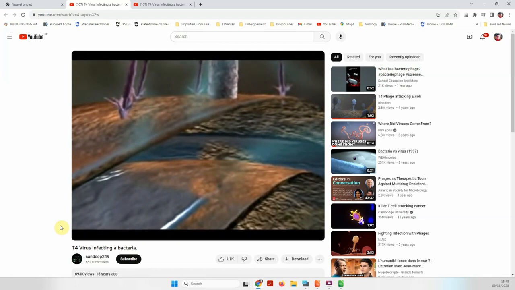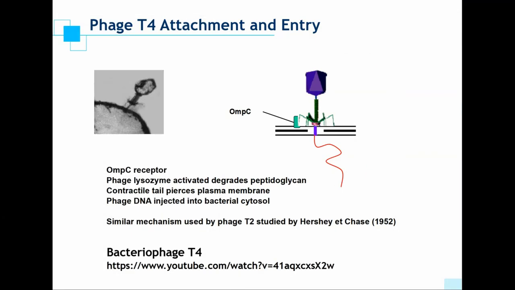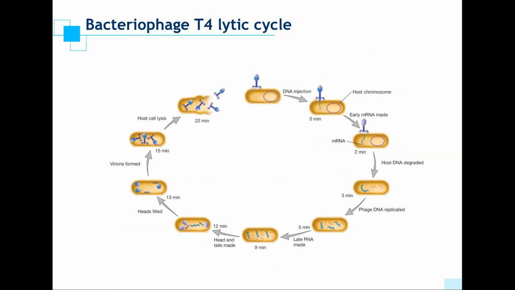Okay, so peptidoglycan is broken down, and then the tail just contracts and forms a tube that crosses the plasma membrane. So what enters into an infected cell is the phage DNA.